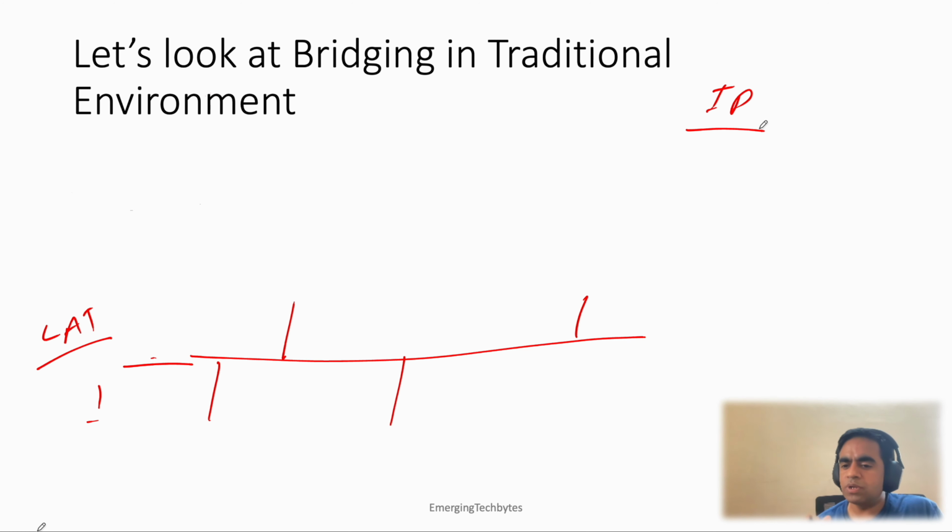But soon, the demands that started coming from the users was that they needed communication between two Ethernet segments.